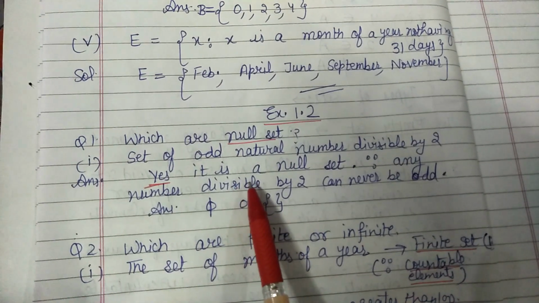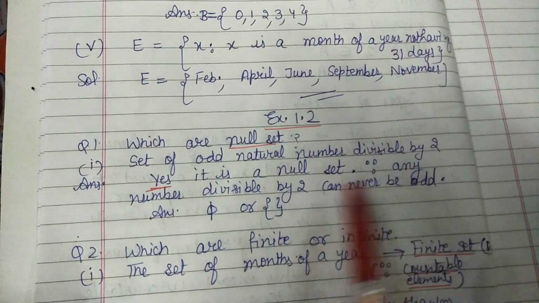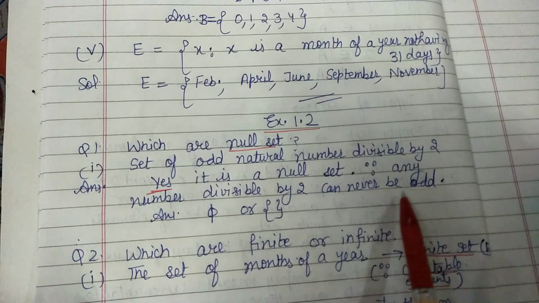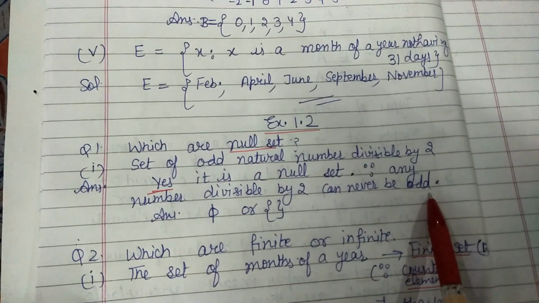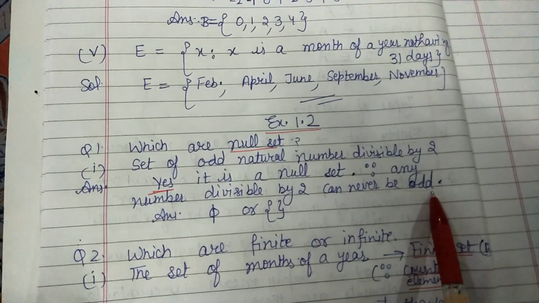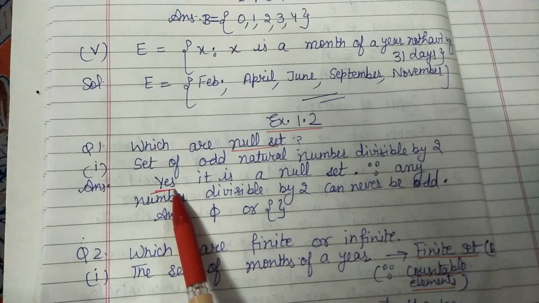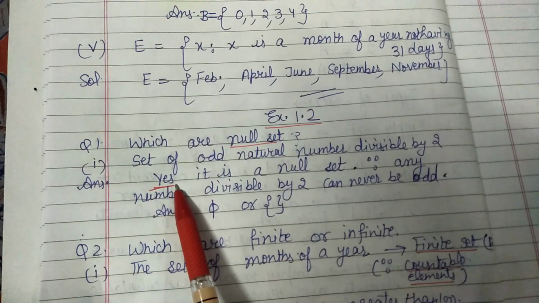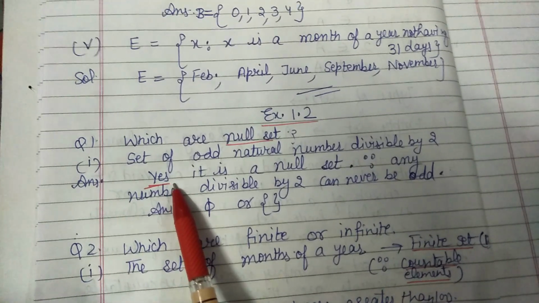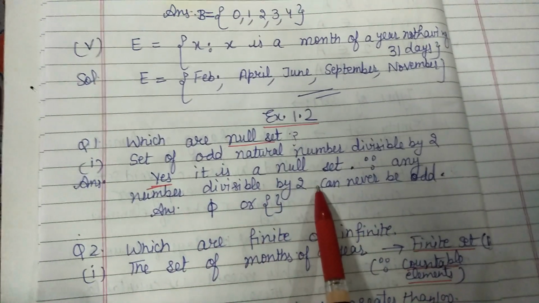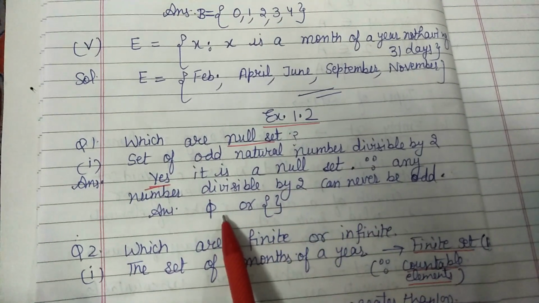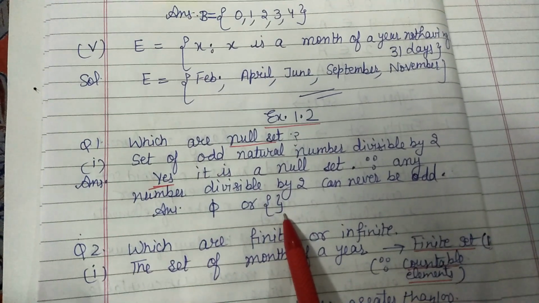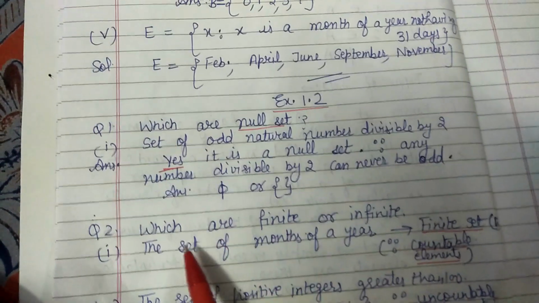No, because every number which is divisible by 2 can never be odd. So we have no element here, so yes, it is a null set. The answer is the empty curly brackets.